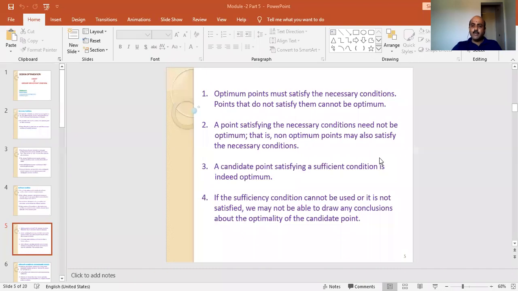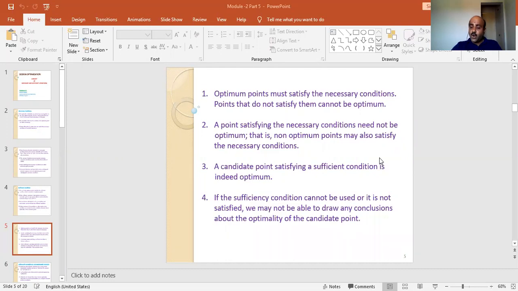Since there may be some points which satisfy the necessary condition but might not be an optimum point, a point satisfying the necessary condition need not be an optimum. That is, non-optimum points may also satisfy the necessary conditions. Please remember this. This is very important.